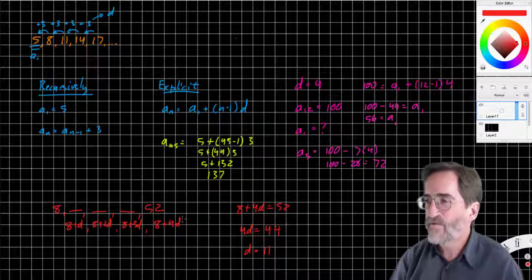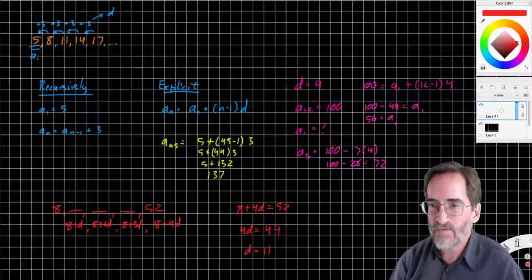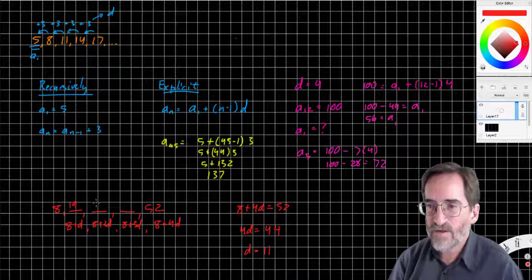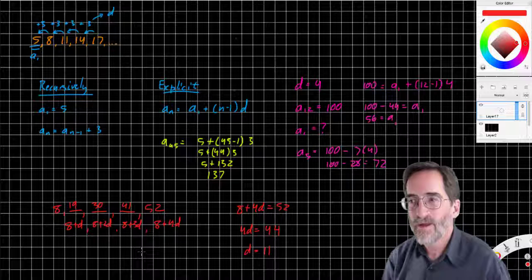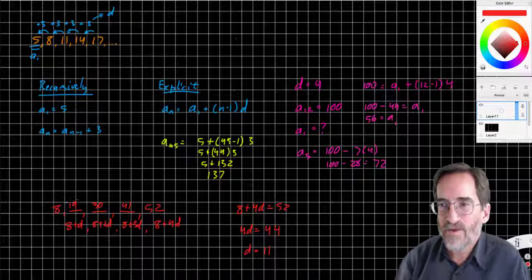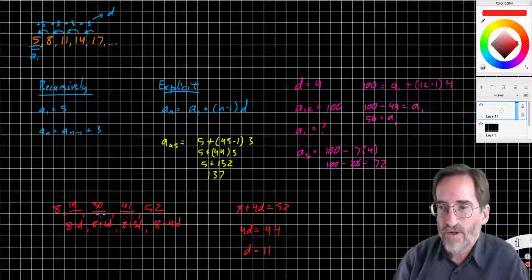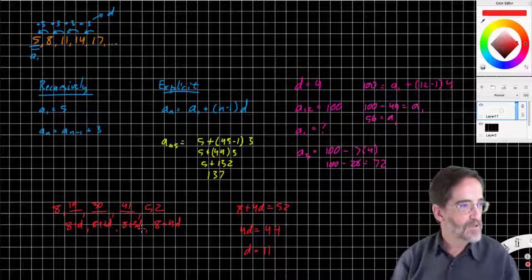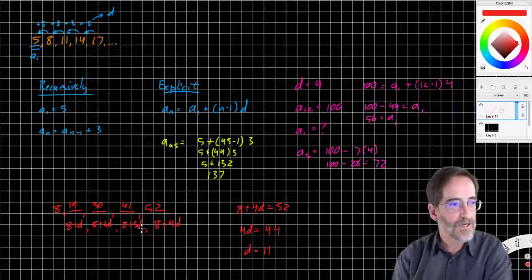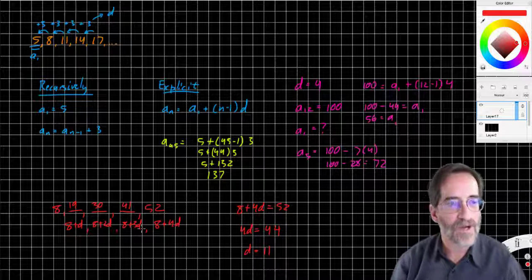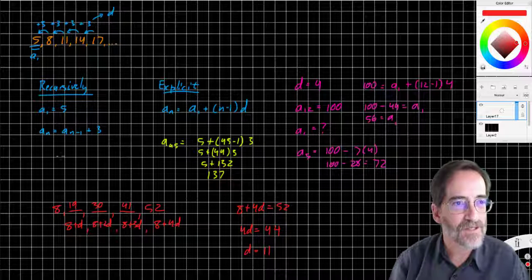So I can now find the missing terms. 8 plus 11 is 19, plus 11 is 30, plus 11 is 41, plus 11 is 52. So we can find it that way. I think that's pretty straightforward here. All right, and then I'm going to leave it up to you to apply this to real world scenarios, which is the remaining objective.